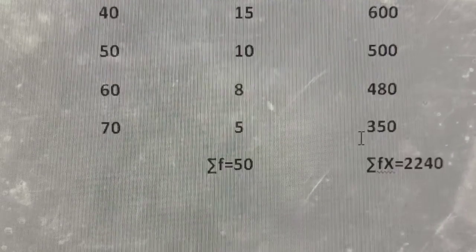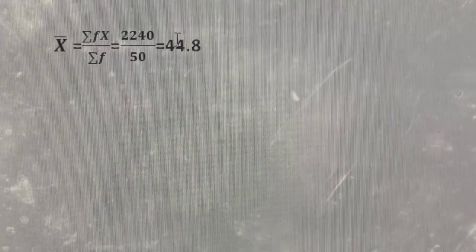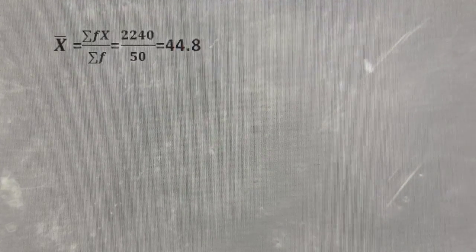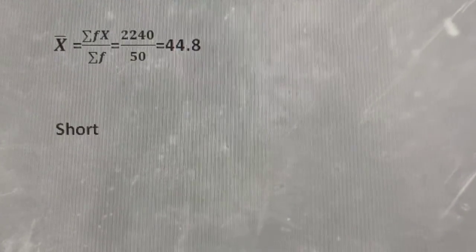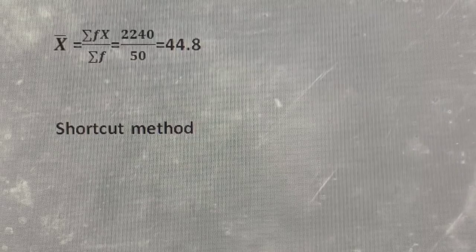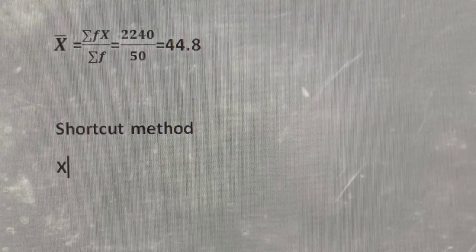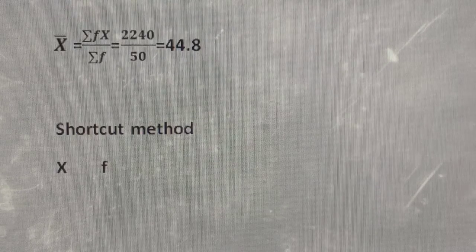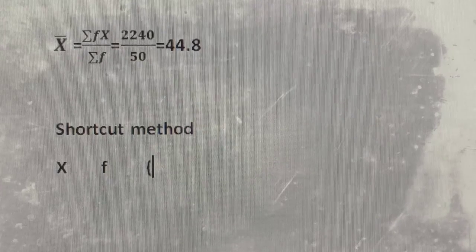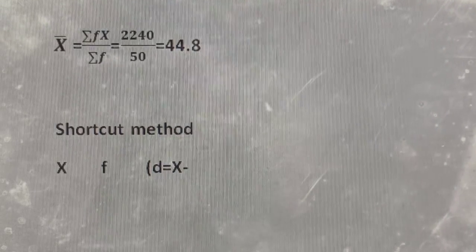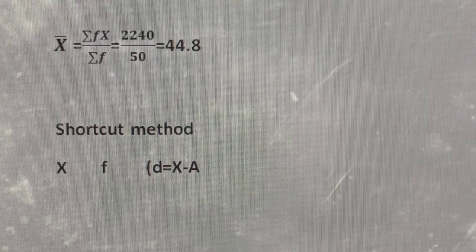Next we will see the shortcut method. In the shortcut method, we take x, then f, then d equals x minus a, and then f into d.